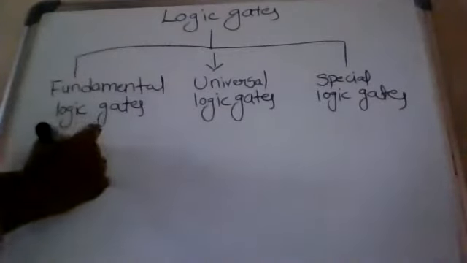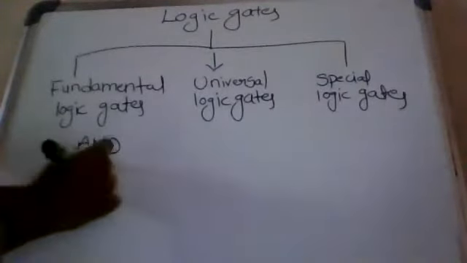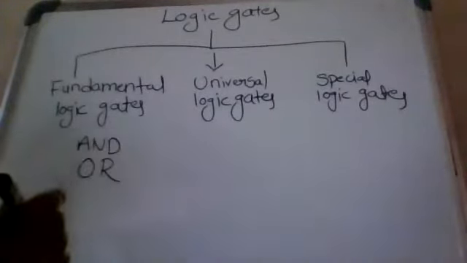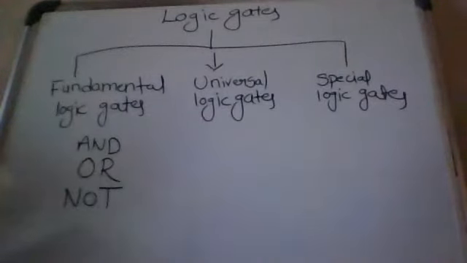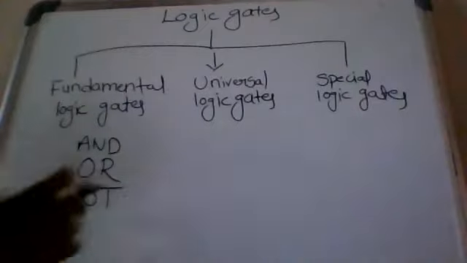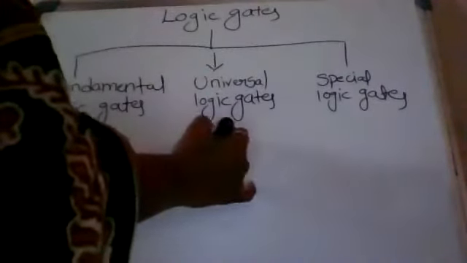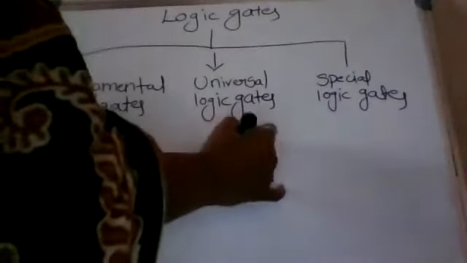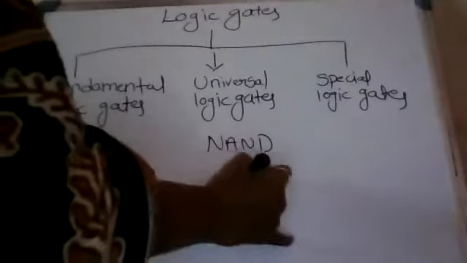In fundamental logic gates, AND gate, OR gate, NOT gate. In universal logic gates, we have two: NAND gate and NOR gate.